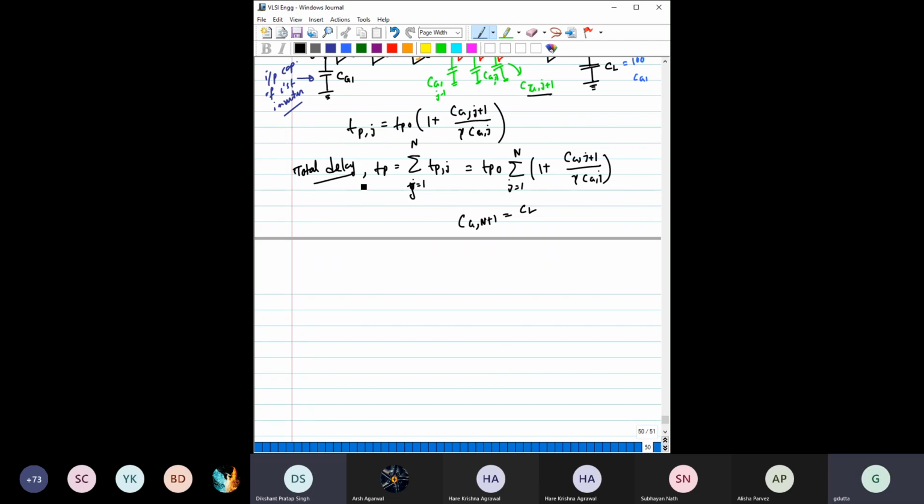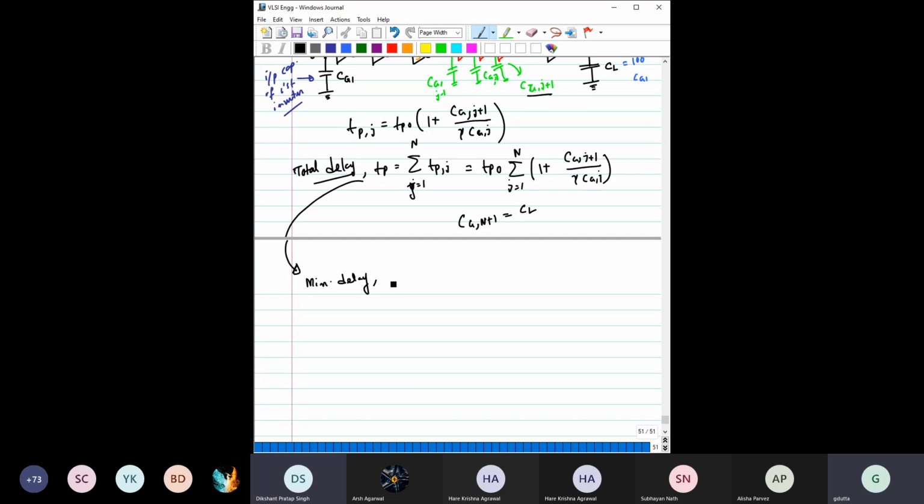So if you know the total delay, how do you find the minimum delay? Again, we can use that derivative technique and make it equal to 0.